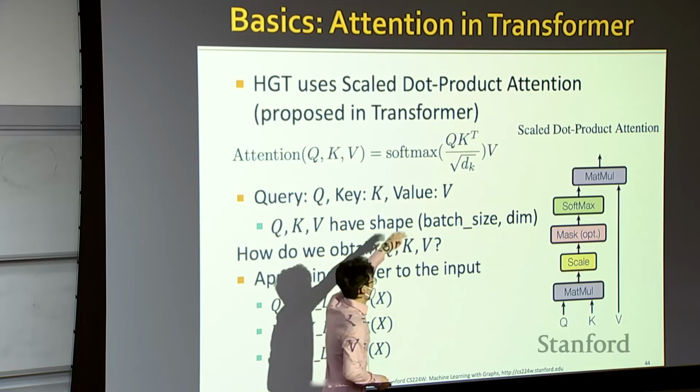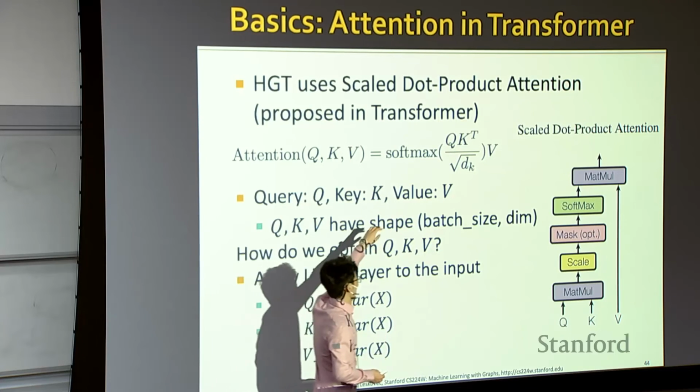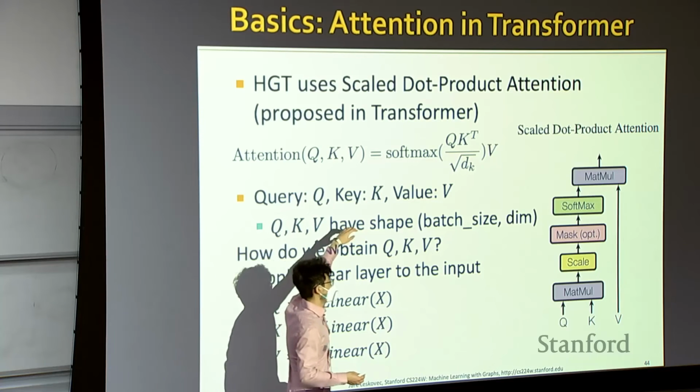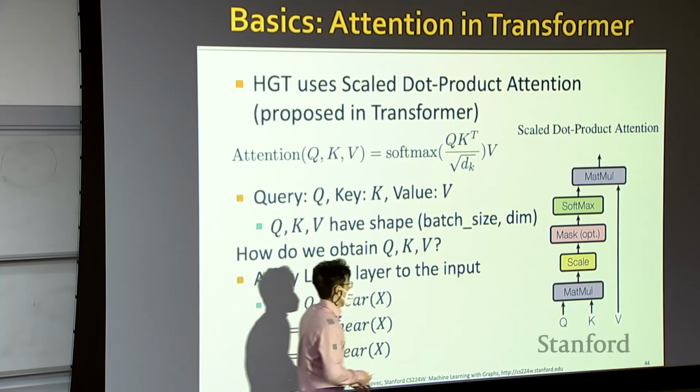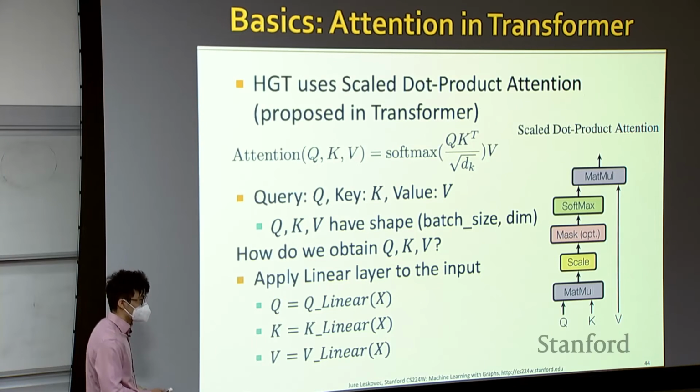We perform a dot product between the query and the key, scale it with the square root of the dimension, and then use that to weight the values V. So this is the rough idea of scaled dot product.